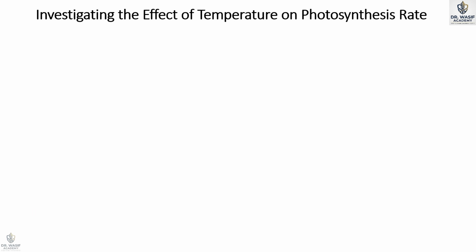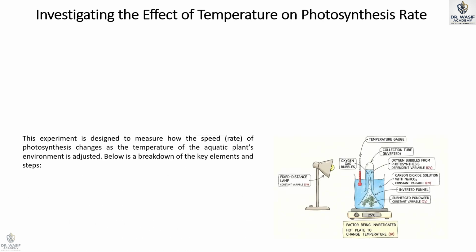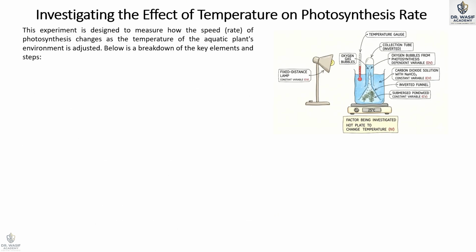We have seen how raw materials like light intensity and carbon dioxide affect a plant, but now we are going to test the engine itself. Photosynthesis is controlled by enzymes, as we just studied in the previous slide, and enzymes are highly sensitive to heat.